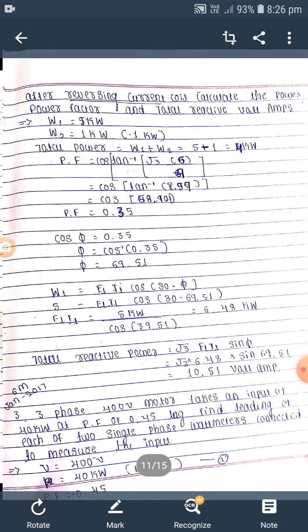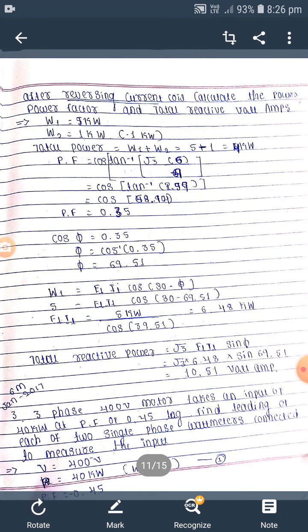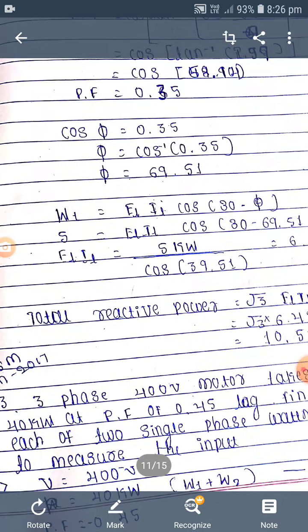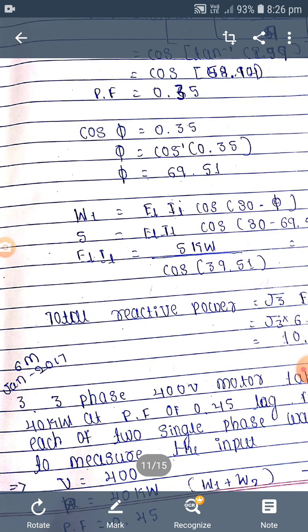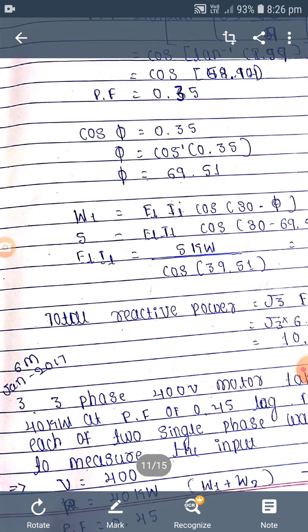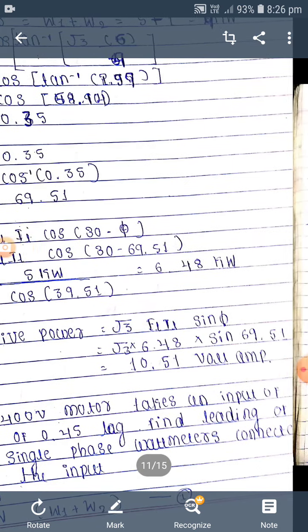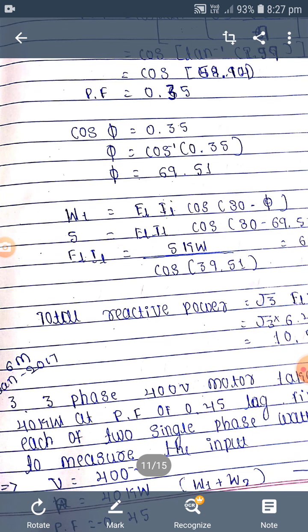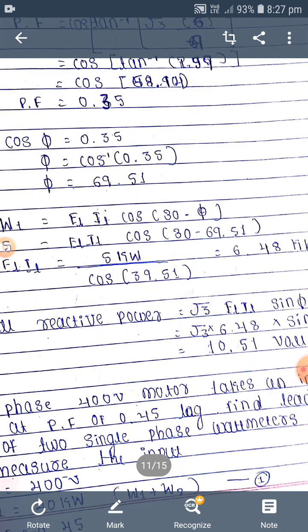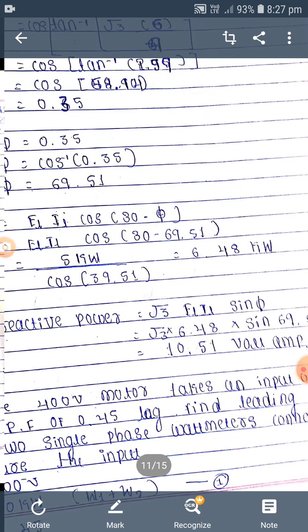Next let us look into another problem. Now you can see here the three phase 400 volts motor takes an input of 40 kilowatt at the power factor of 0.45 lagging.